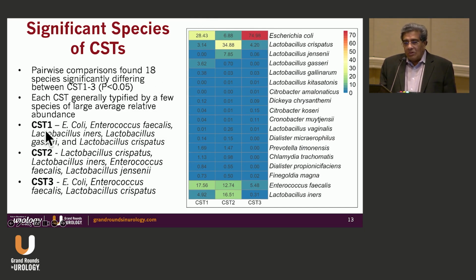Consequently, state type 1 has E. coli, Enterococcus faecalis, and Lactobacillus iners, those things, and community state type 2 is dominated by Lactobacillus crispatus. So each one of these state types will have a group of dominant species that describe them.